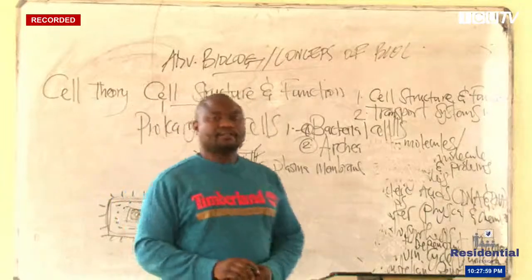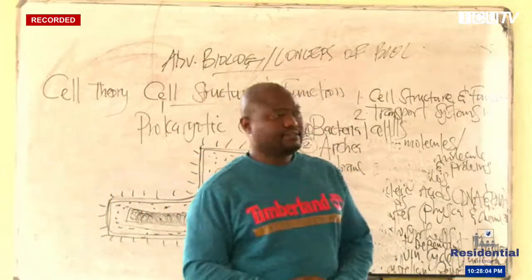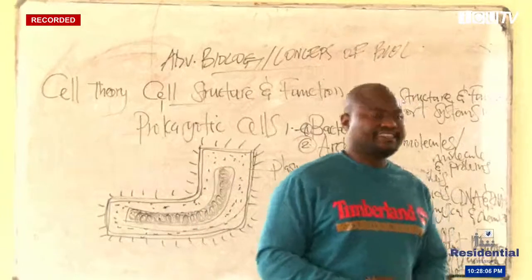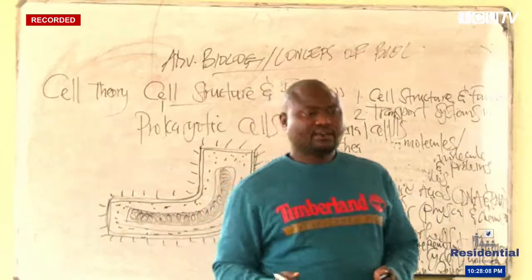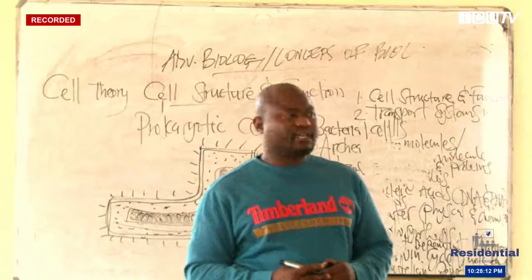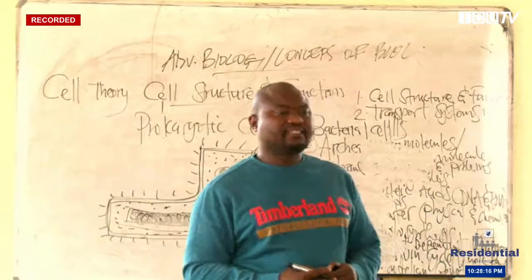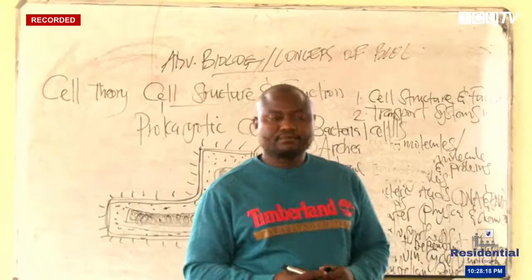What is a plasma membrane? We need to understand what a plasma membrane is. A plasma membrane is an outer covering of the cell that is selectively permeable.